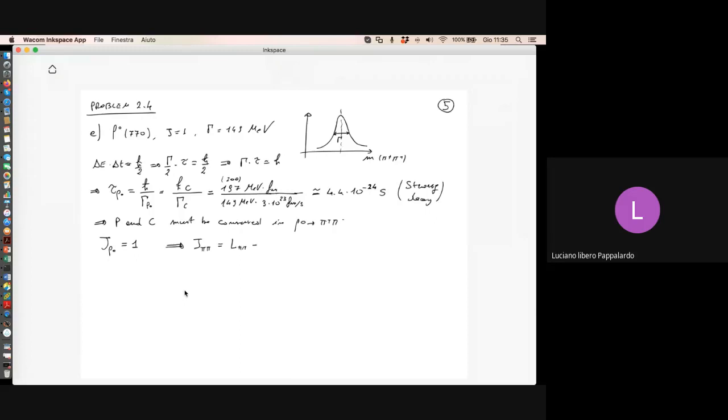This, as usual, we can split into the orbital part and the spin part, and this must be equal to 1. Now, pions are spinless mesons, pseudoscalar mesons, so the spin contribution is 0. And so we learn from here that L pi pi must be 1, and so the pion system is in a P wave.